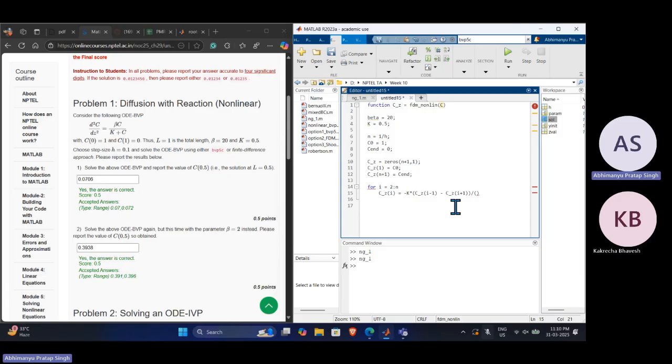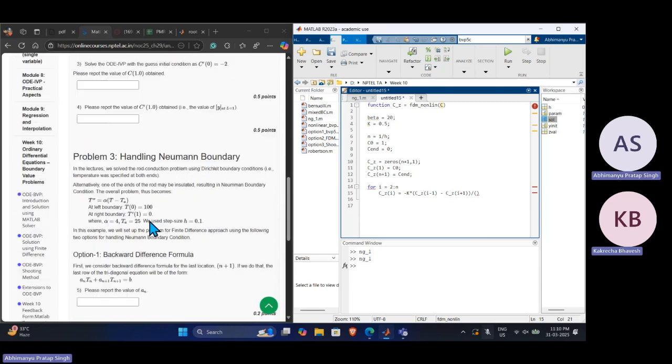What should I do? Okay, sir. Don't worry about it. Can you please explain the linear form of that differential equation in problem 3 using backward difference formula?